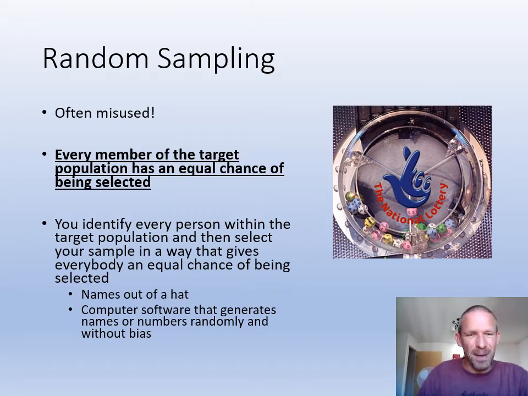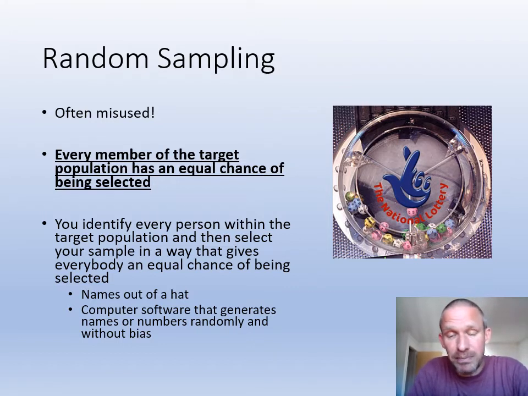If you're ever asked how would you go about doing a random sample, it can be names out of a hat. You get quite a lot of school-based ones where you're not actually dealing with huge numbers of people. So say we were doing something in the class and I was going to do a random sample, I'd probably just put your names in a hat and mix them around and pick one out. Or you could use some computer software.